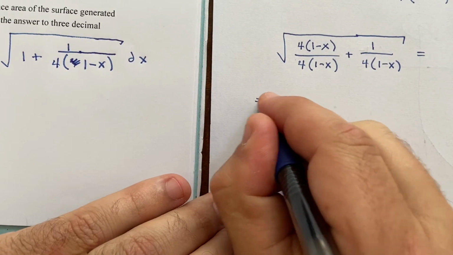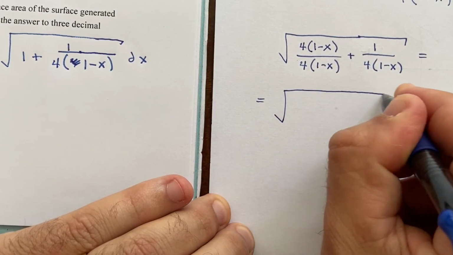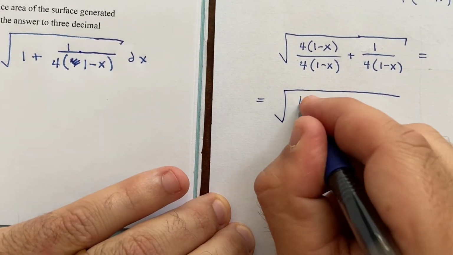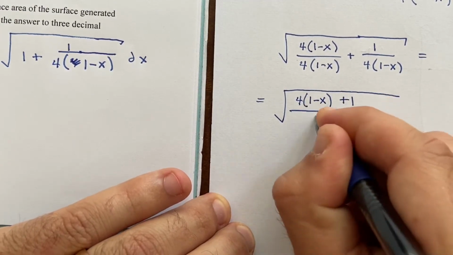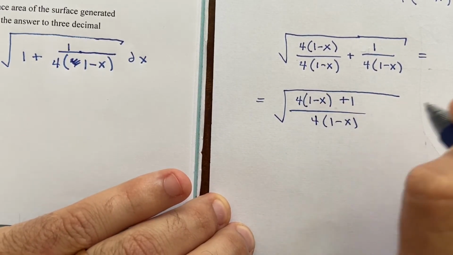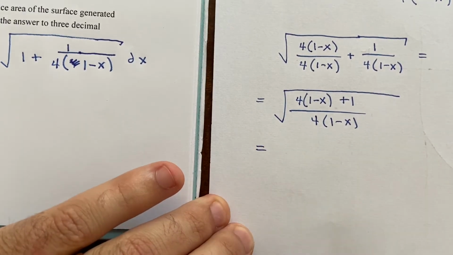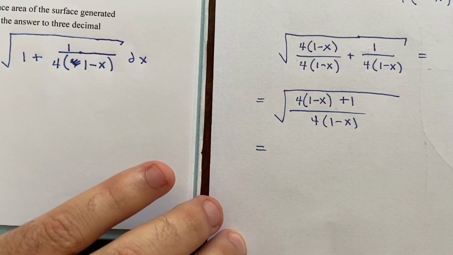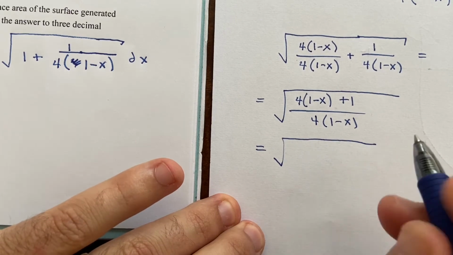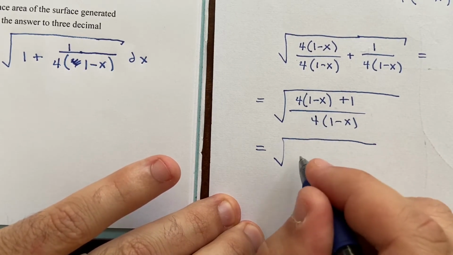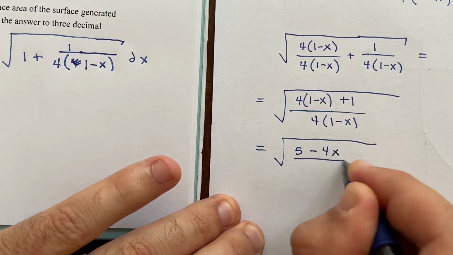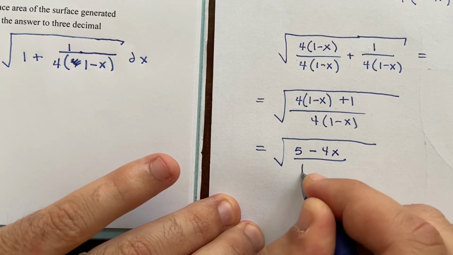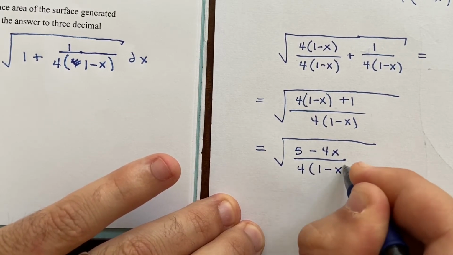So this would be the same as the square root of 4 times 1 minus x plus 1 over 4 times 1 minus x. Just to simplify further, 4 plus 1, that'll be 5 minus 4x over 4 times 1 minus x.